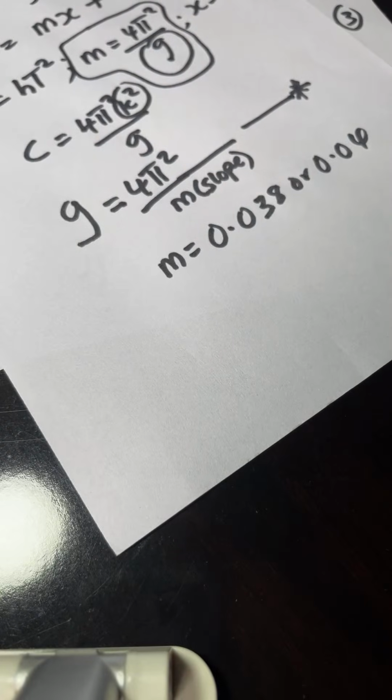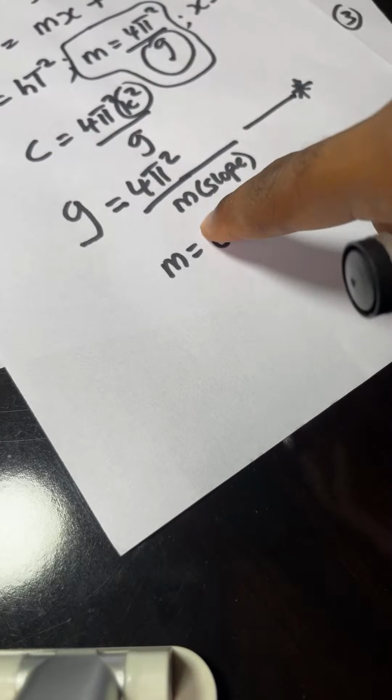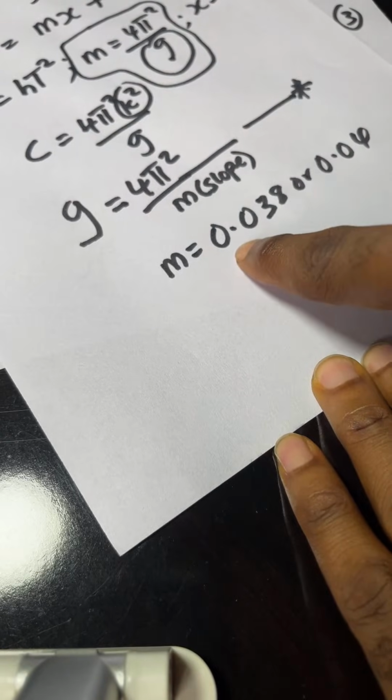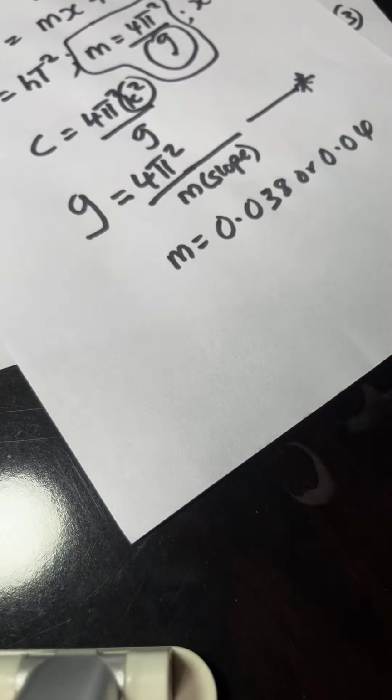So bring out your calculator. Multiply 4 pi square divided by, let's first say, 0.038. Type the answer in the live section. Hurry up. Bring out your calculator.